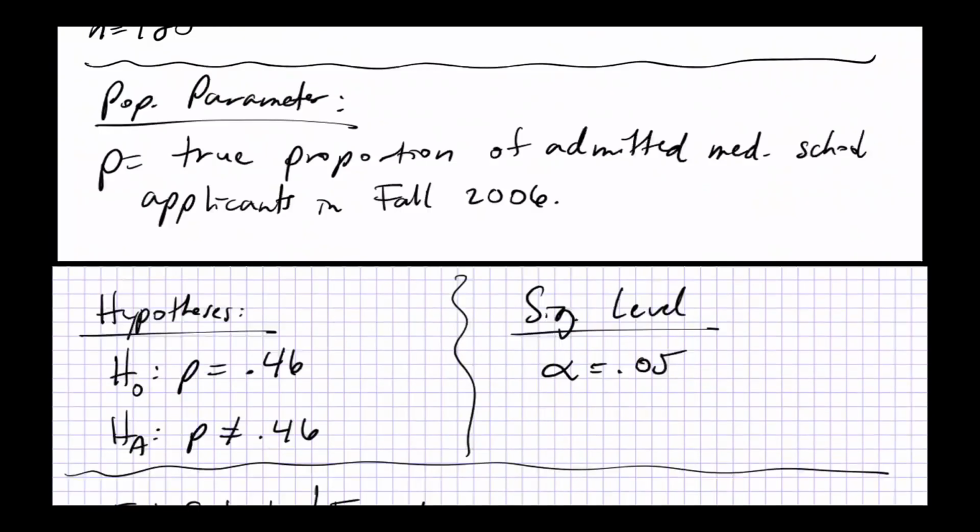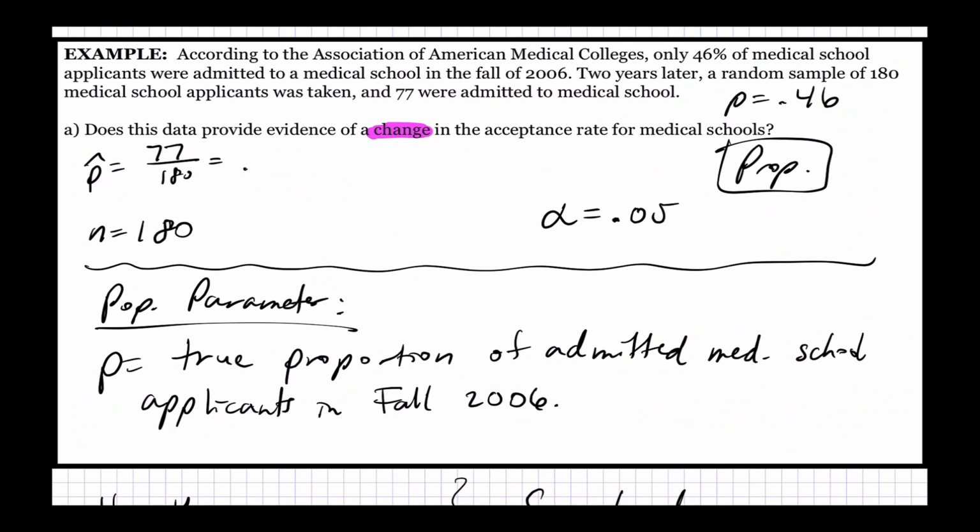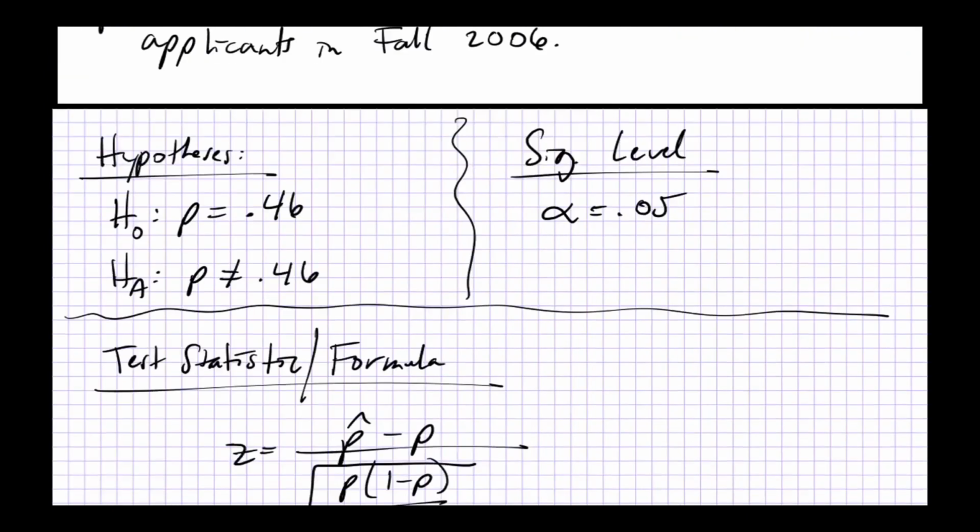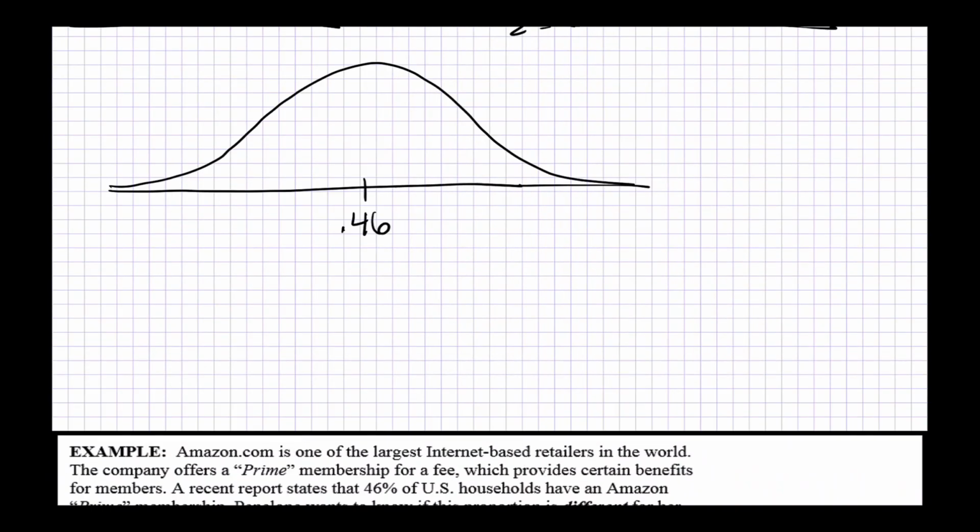I don't think I wrote that up here. 0.428. So we're going to go and 0.428 is probably right about here. Then we looked at the alternative to say, do we shade above or shade below? We looked to see if we shade to the left or shade to the right. But we don't have a greater than or less than, right? We don't have that. We have different.